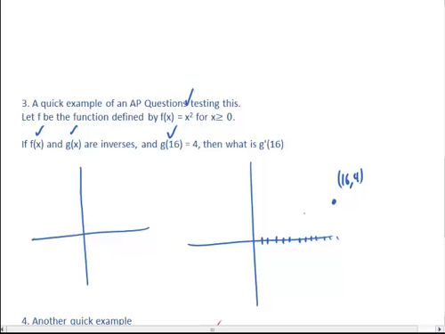And we know that if we can find the corresponding point, it will be at (4, 16). Now we know the corresponding point, so we can figure out the derivative of the function. We can evaluate it at the point.